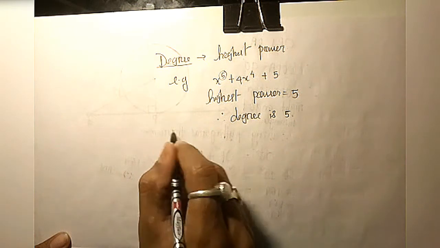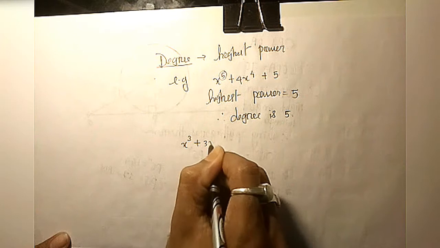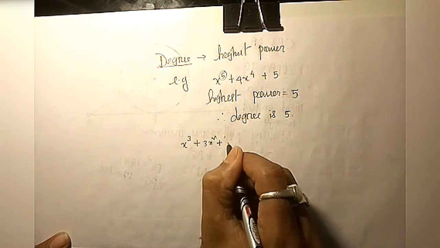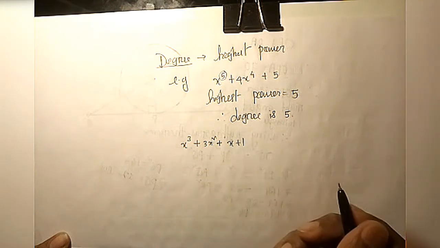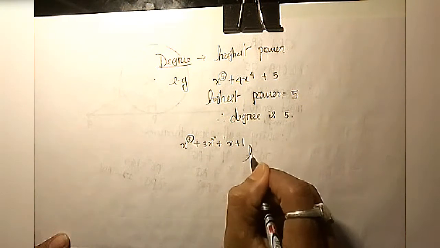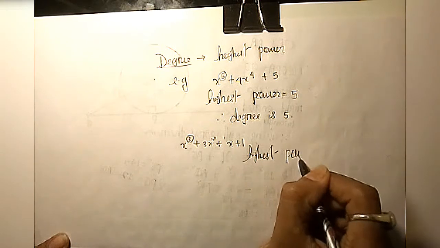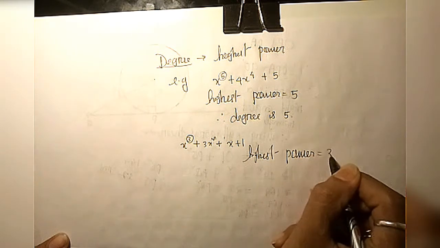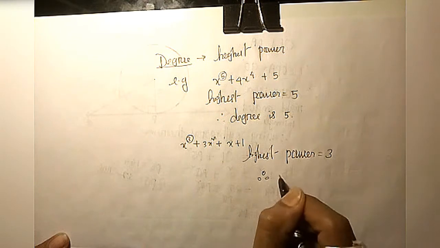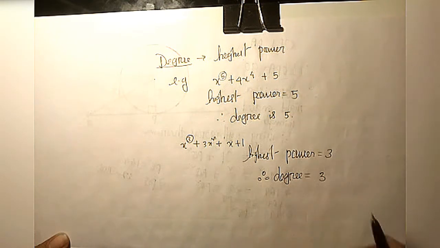Let us take one more example. x cube plus 3x square plus x plus 1. In this case, 3 is the highest power. Therefore, the degree of the polynomial is equal to 3.